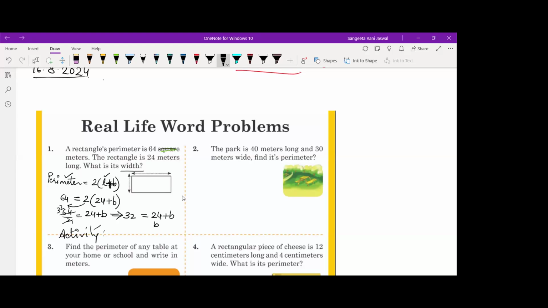I will take this 24 to the left hand side, it will become minus. So 32 minus 24 will be 8, which is equal to B. So I'll just write it properly that the breadth is 8 meters. Did you understand this? Yes, ma'am.